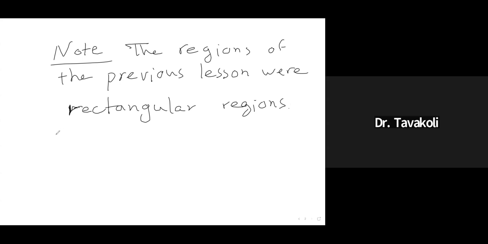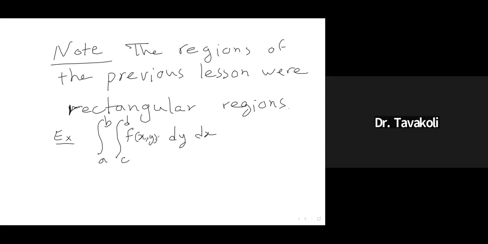In general, when we had a rectangular region, suppose I integrate with respect to y first and with respect to x, and y runs from C to D, x runs from A to B, and the function I call f of x and y.